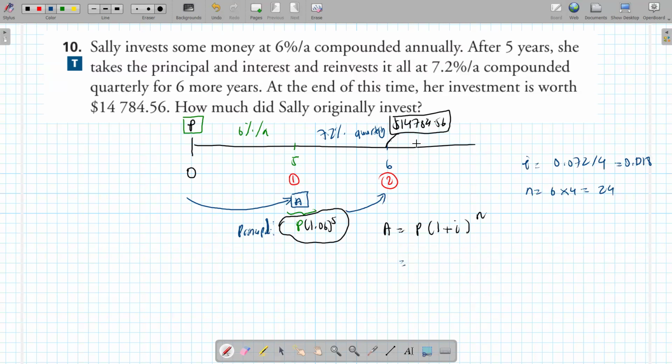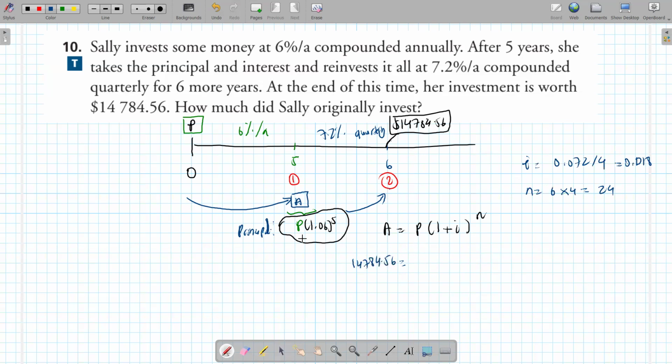What is our final amount? How much did it accumulate to? 14,784.56. So at the end of this period, our final amount will be 14,784.56.